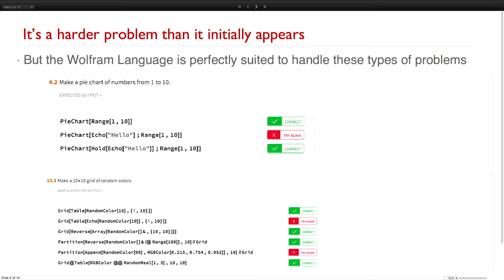Here's an example of some of the things where it does handle those types of problems I was talking about. So for example, that echo there in that pie chart, none of that will ever show up in the actual output, but it's generating a side effect, which alters the behavior of the program. The third one also has that, but it's not actually evaluated because of the hold.